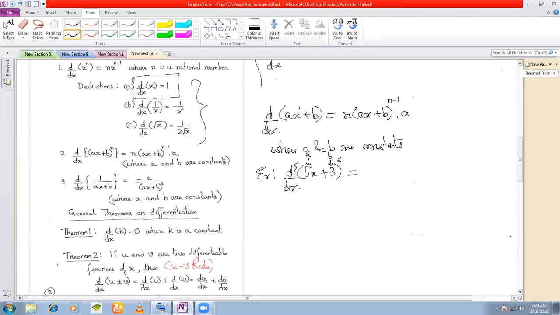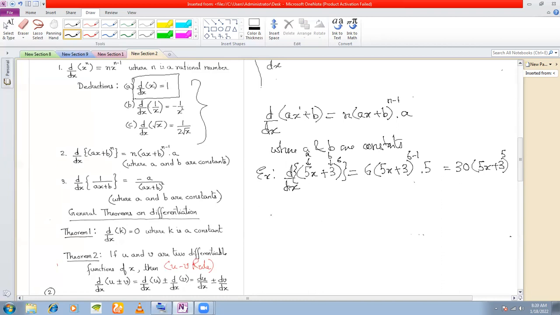You want to differentiate this, and n here is 6. So how will I differentiate? From the above formula, I have 6 into 5x plus 3 to the power of 6 minus 1. And a here is 5. So I get 30 into 5x plus 3 to the power of 5.